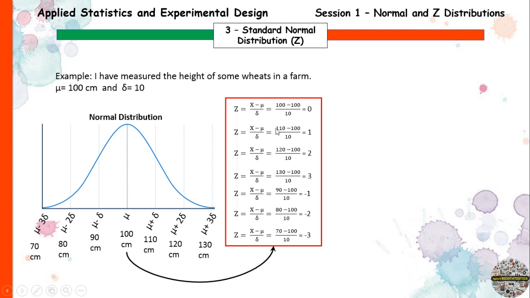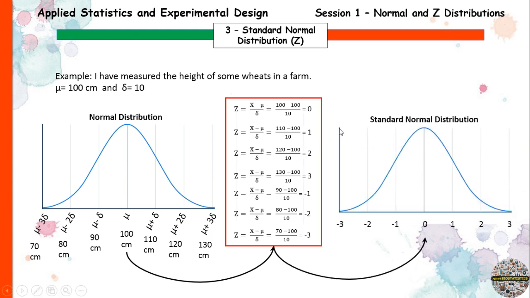And if I do the same thing with 110, 120, 130, and 90, 80, and 70, I will have these results, which are all my z-scores. And if I make my plot, it will be exactly like that.